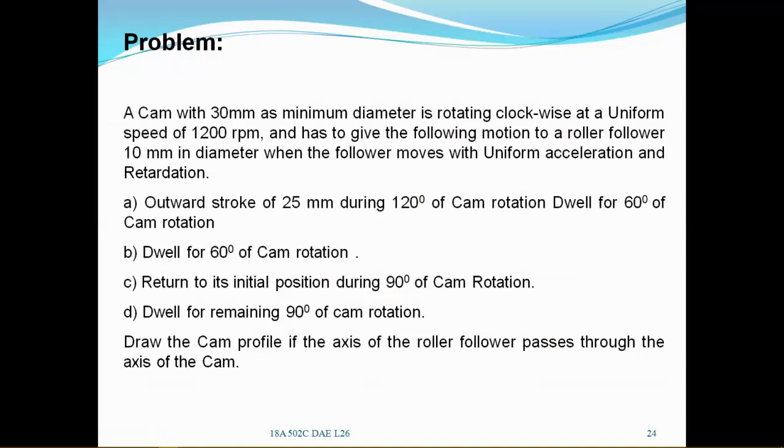Now let us see one of the problems of this type. A cam with 30 mm minimum diameter is rotating clockwise at a uniform speed of 1200 rpm and has to give the following motion to a follower 10 mm in diameter, when the follower moves with uniform acceleration and retardation.